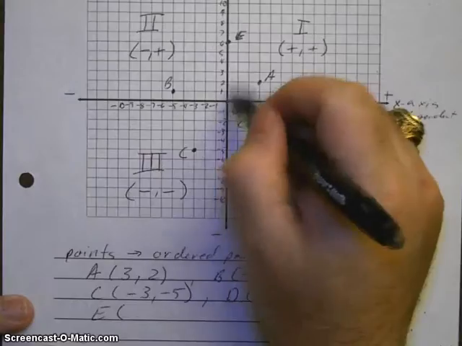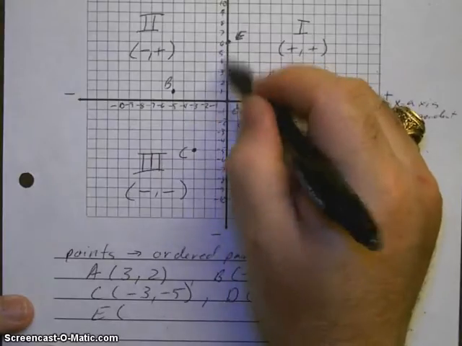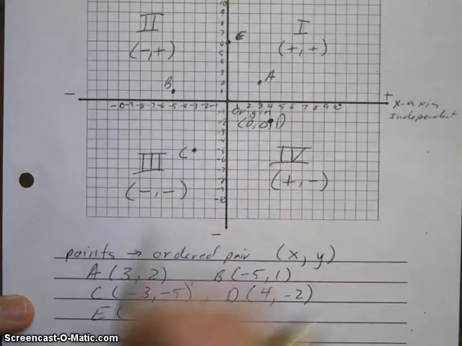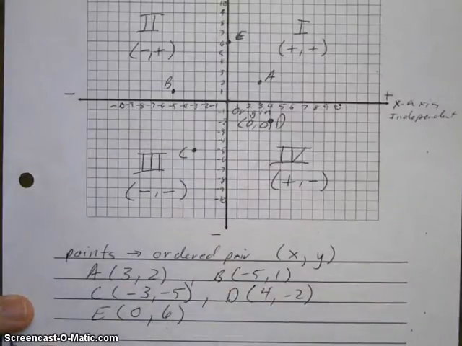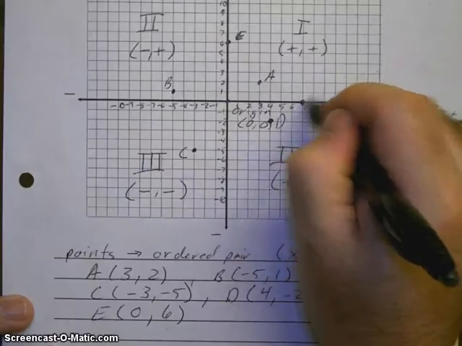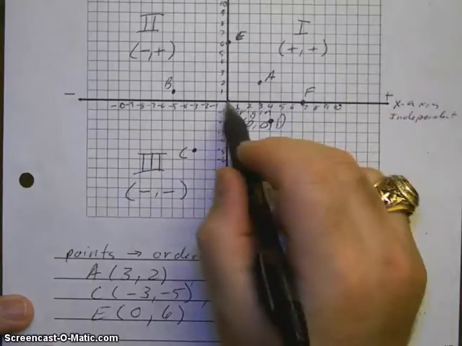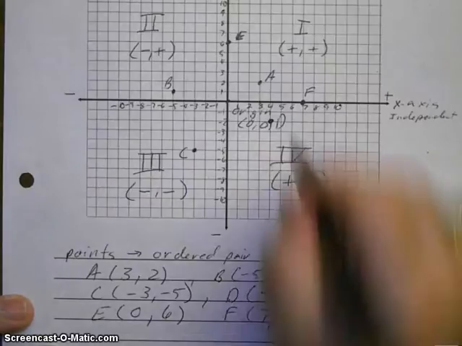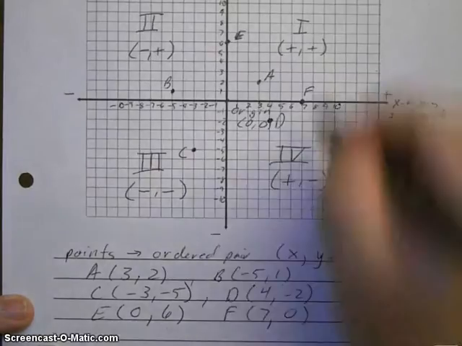It's right on the y-axis, so the x value is 0, and the y value is positive 6. So that would be the point 0, 6. If I had this point that is F, then I have an x value of 7 and a y value of 0, because it doesn't go up or down at all.